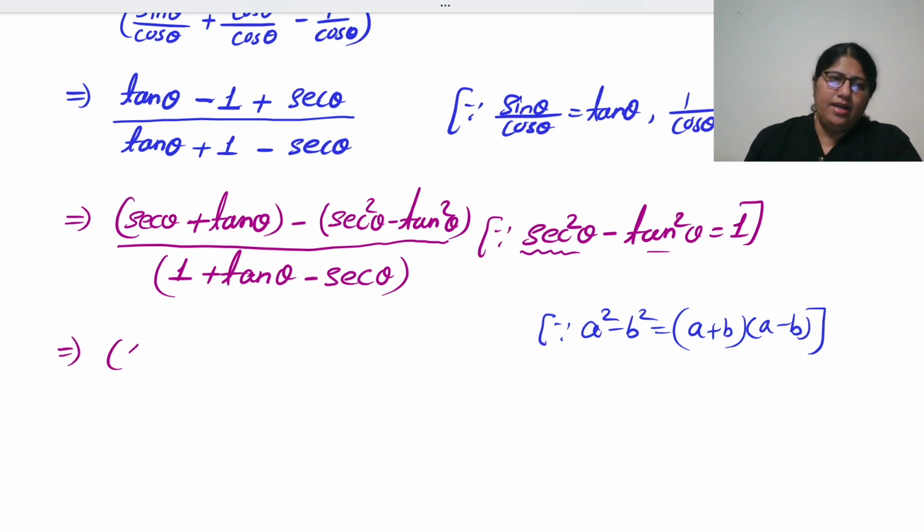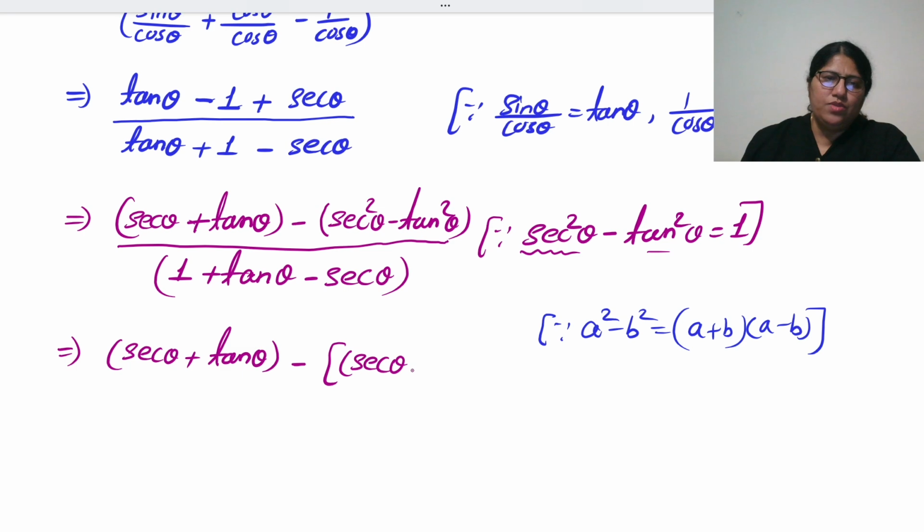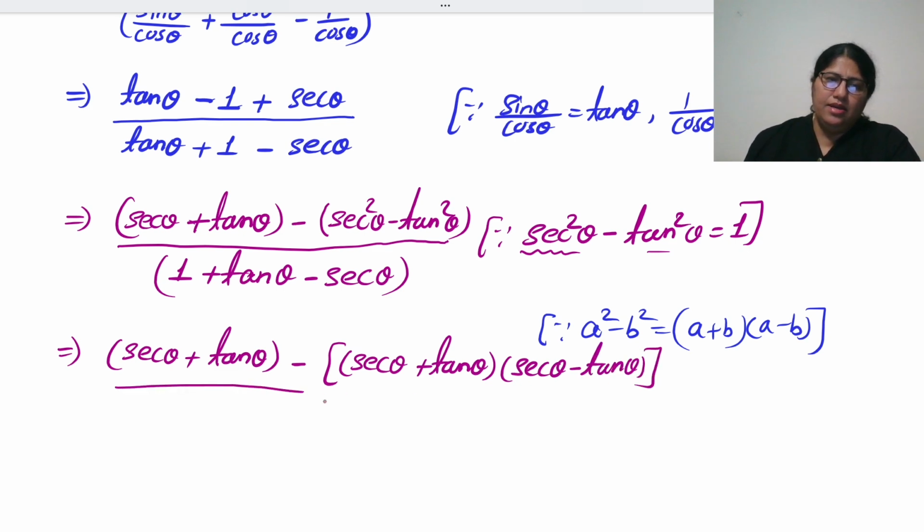So first bracket as it is, sec theta plus tan theta, minus the square bracket, because you are going to expand it in a square minus b square form: sec theta plus tan theta times sec theta minus tan theta, all by 1 plus tan theta minus sec theta.